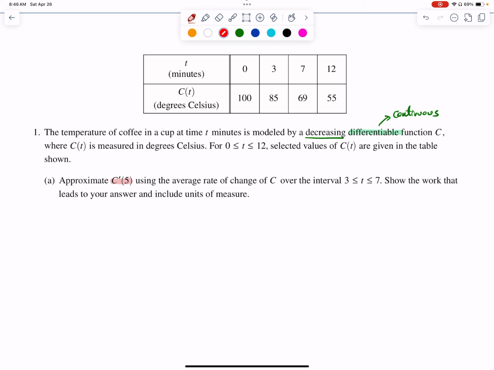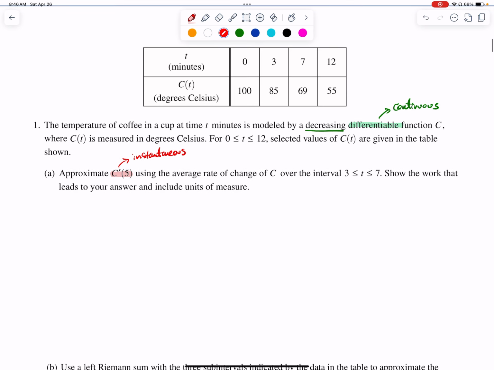The C prime of 5 is an instantaneous rate of change, which is the tangent line, of course. And the average rate of change, which this question is asking us for, is the same thing as slope. The average rate of change is the slope of a secant line.